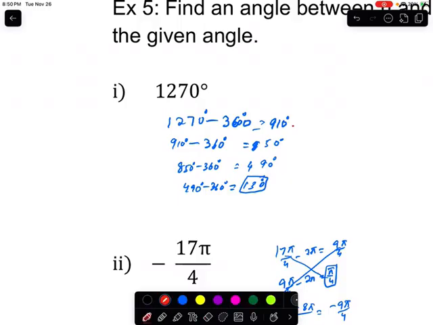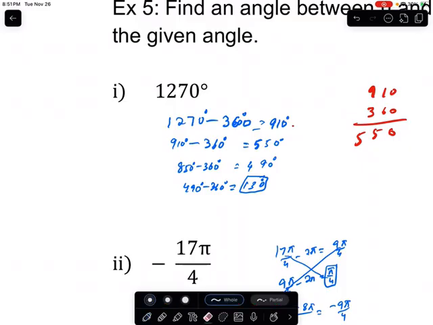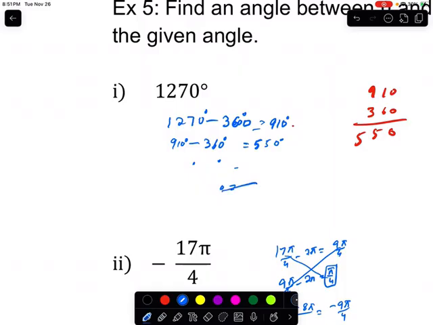Let's check: 910 minus 360 is 550. This is not clearly written. So 550 degrees.